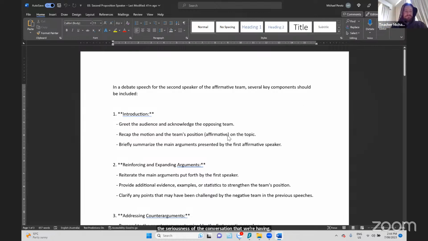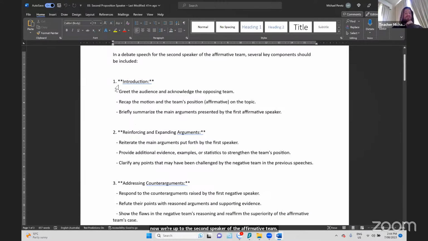Okay. So now we're up to the second speaker of the affirmative team. And so, of course, we start with our introduction. So again, we've got to greet the audience, acknowledge the opposing team. We've got to recap the motion and your team's position on the topic.